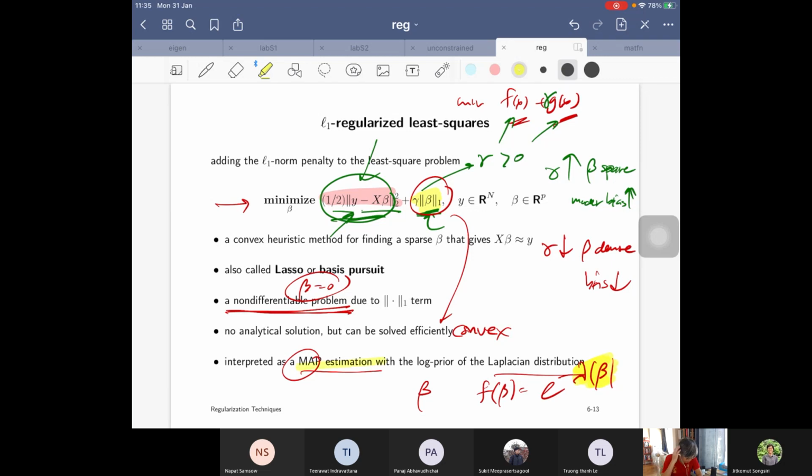With MAP estimation, you have some prior knowledge about beta that you add in the estimation process. In this case, the prior knowledge is that I would like beta to have a sparse solution.